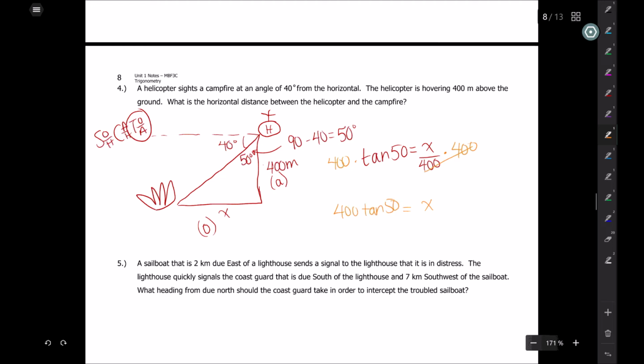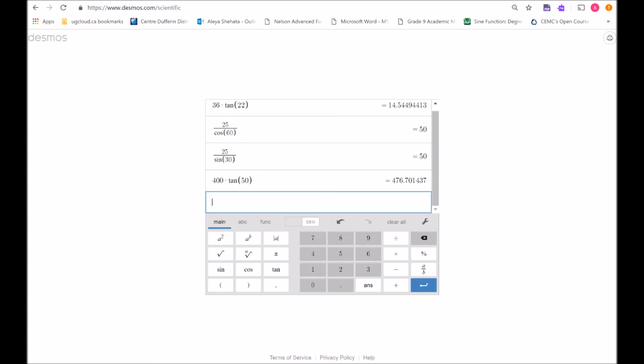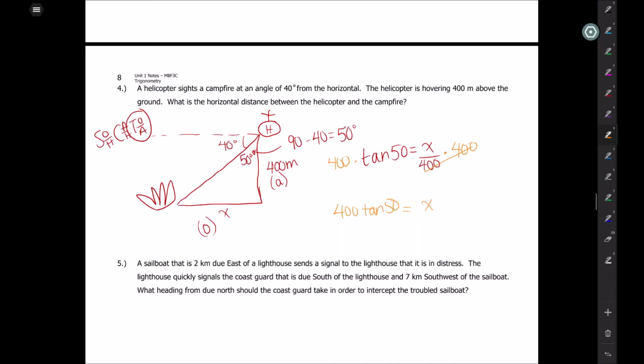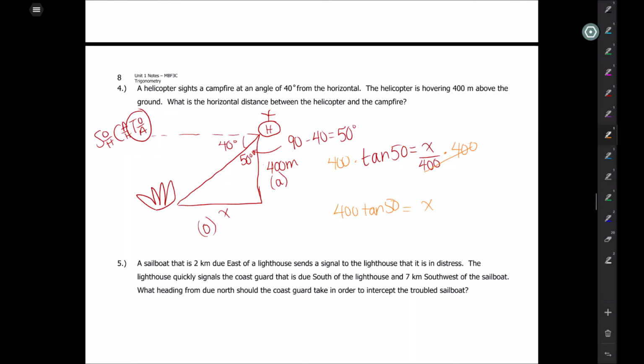Okay, so I'll go ahead and type that into my calculator. So 400 times the tangent of 50, and that's my answer. It doesn't say what to round to, so let's round to the nearest whole number. We get approximately 477 meters here. So X is equal to approximately 477 meters.